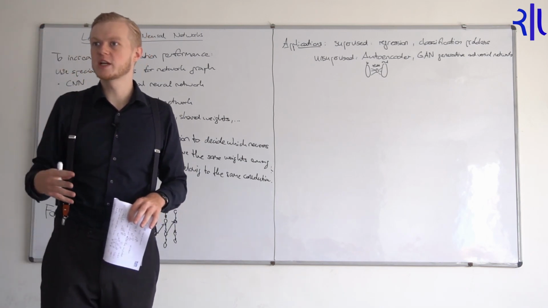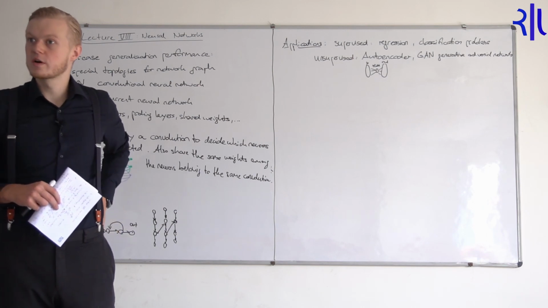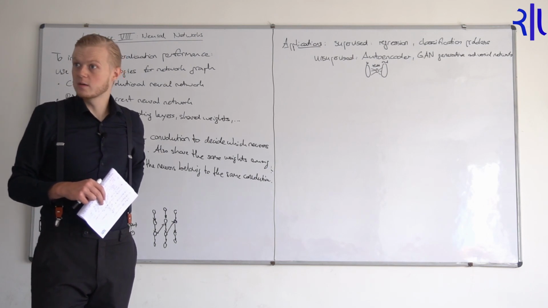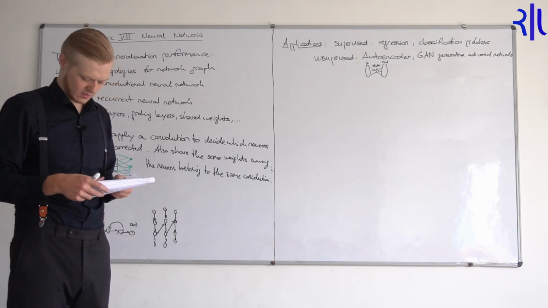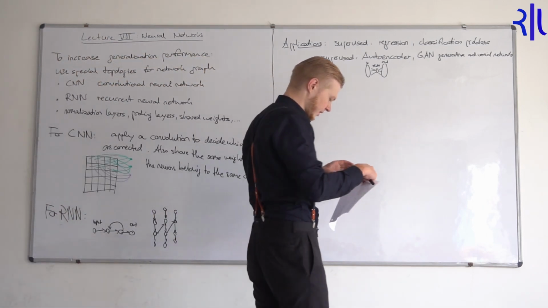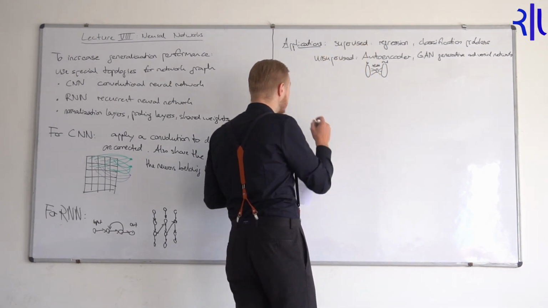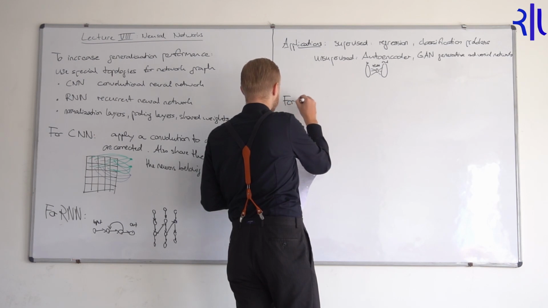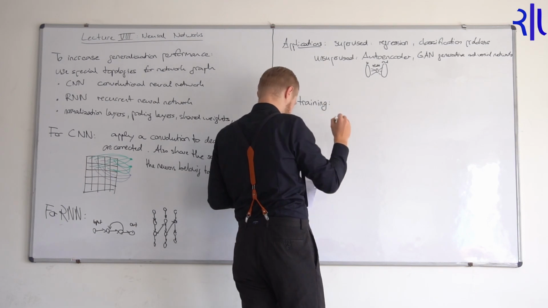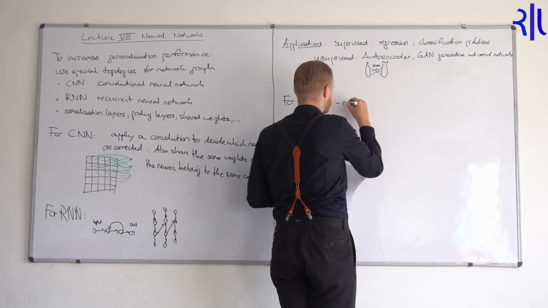One of them tries to generate a sample, and the other network tries to tell if what is generated is actually part of the distribution in question. And for doing the training, there's a random initialization of the weights.